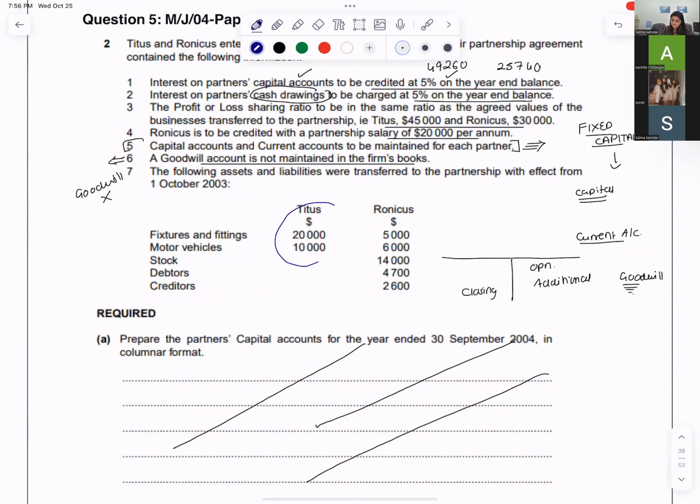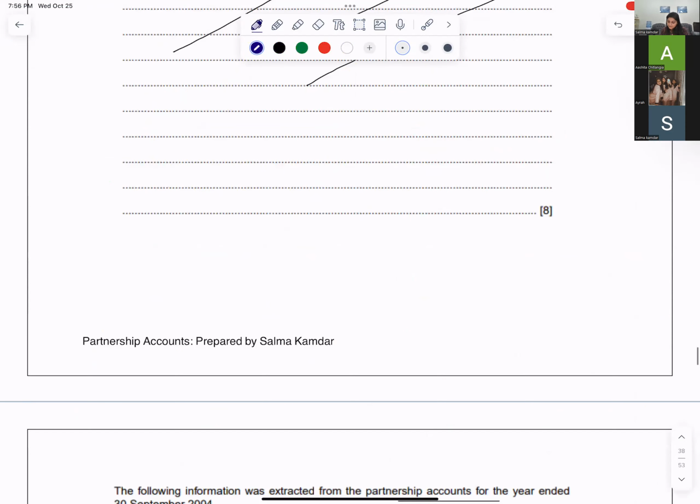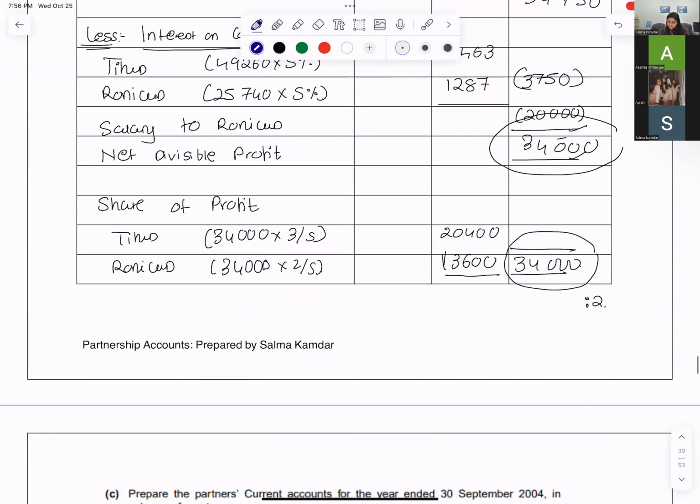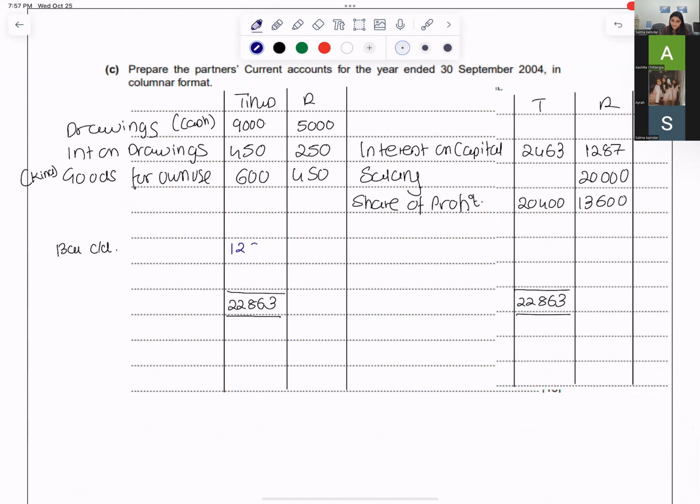They entered into an agreement on 1st October 2003. Because they've entered into the agreement over here, they have just transferred the assets and liabilities. It means this is the start of the business. So now Titus has a closing balance of 12,813.